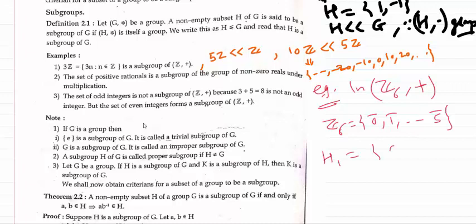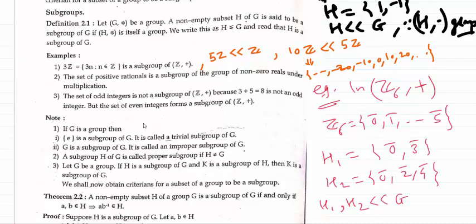If we take the singleton 0, it is always a subgroup, and then 0 bar, 2 bar, 4 bar is also a subgroup under addition. So H1 and H2 are subgroups of G, where G is equal to Z6, all under addition. I hope you understand this example also.